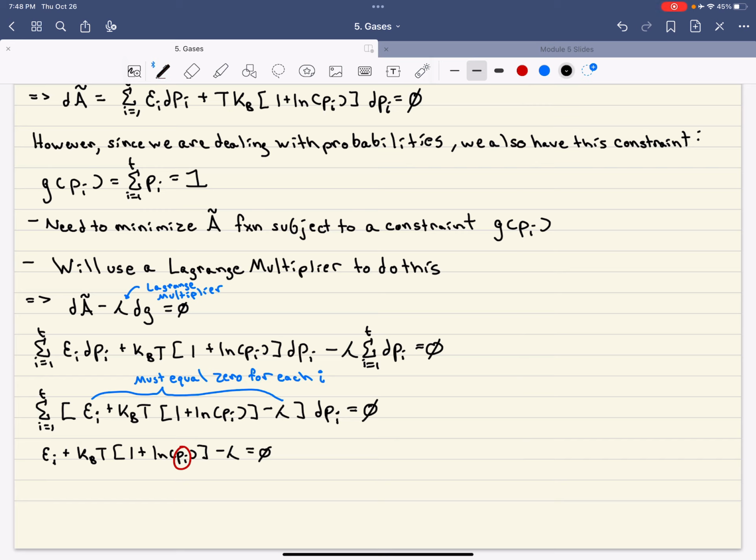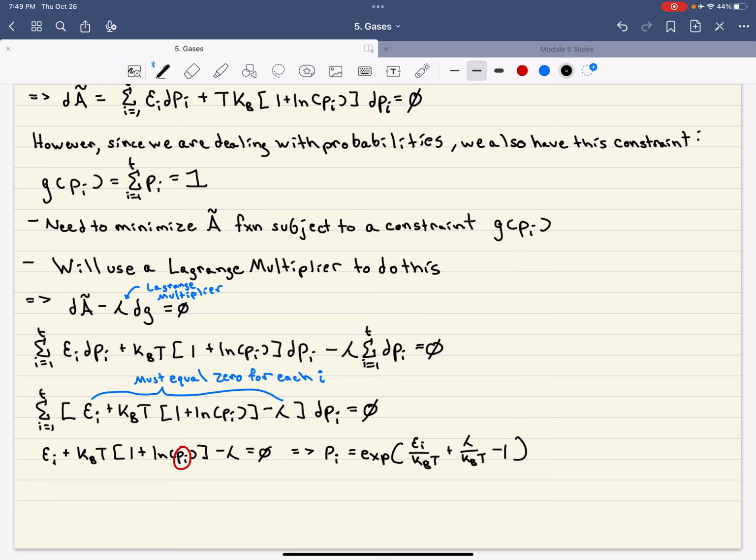And so if we resolve this equation, we get that pi is equal to the exponential of epsilon i over kBT plus lambda over kBT minus 1.